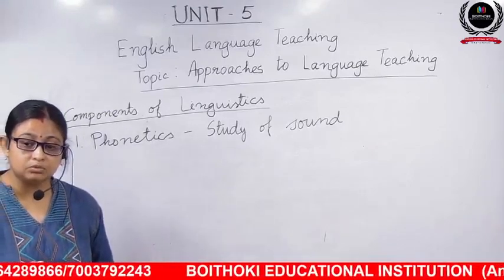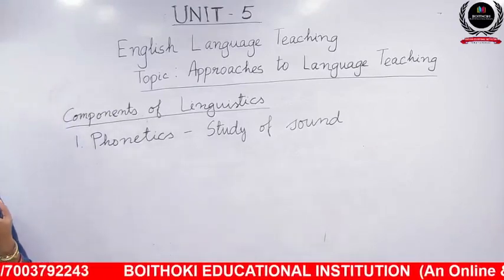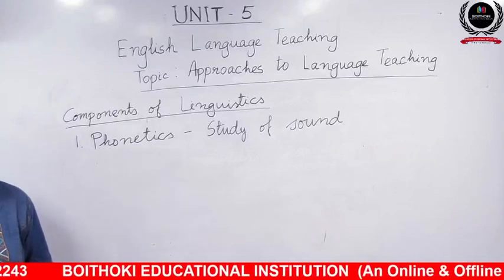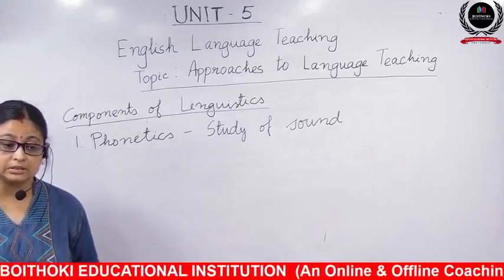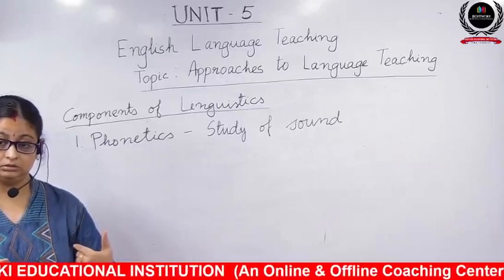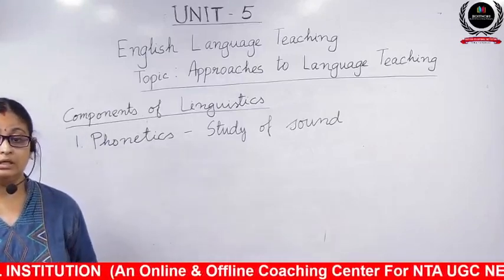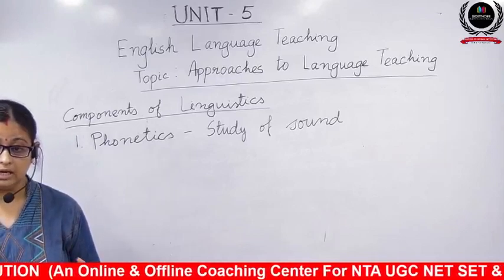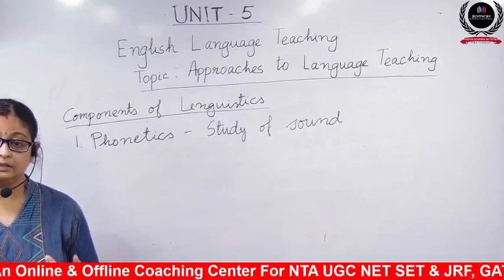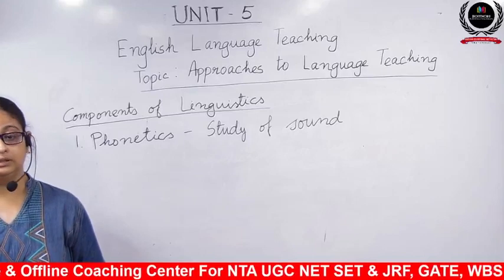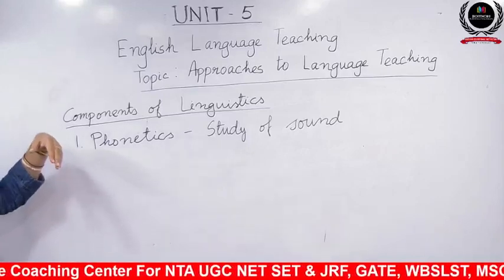B sound is pronounced as ba. A sound will be pronounced as a. If it is short I, it will be i, and if it is long I, then it will be ee. So these are the study of sound.